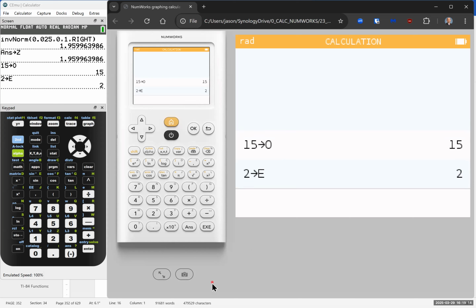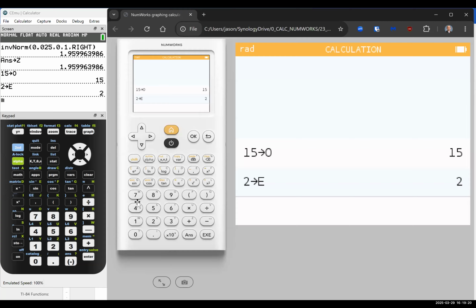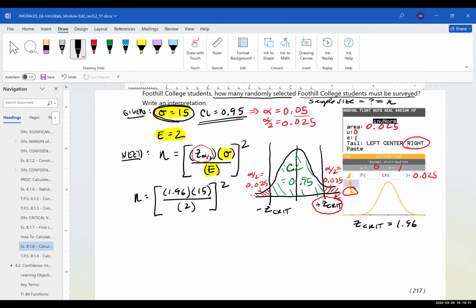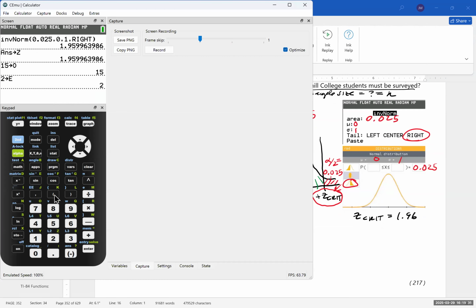So now I'm really primed to go ahead and calculate the sample size. So it's going to be Z times O divided by E and all of that squared. So I'm going to put it in there with letters. Okay, so I need to put a left parenthesis because I'm going to be putting a squared on the outside.